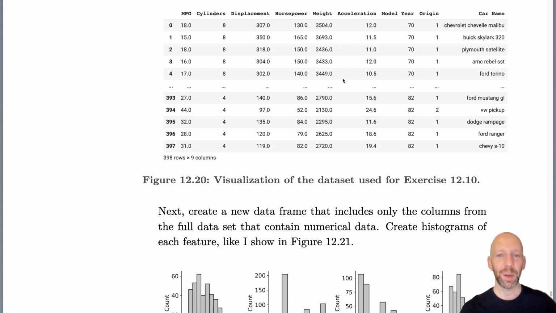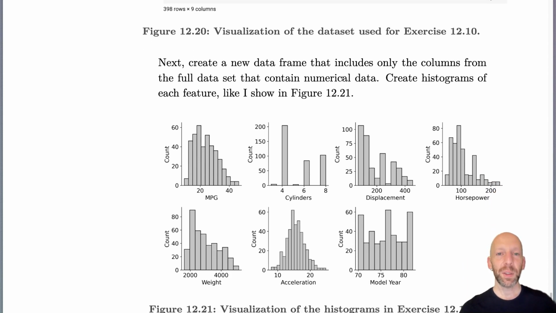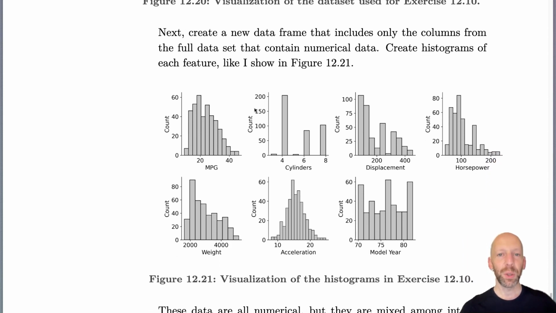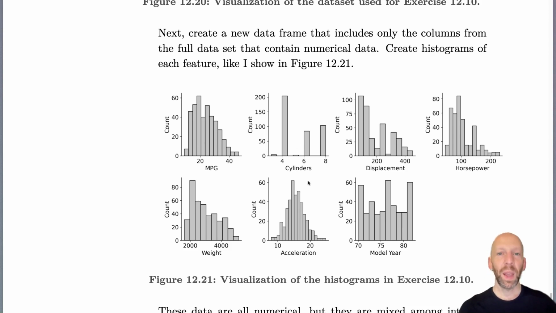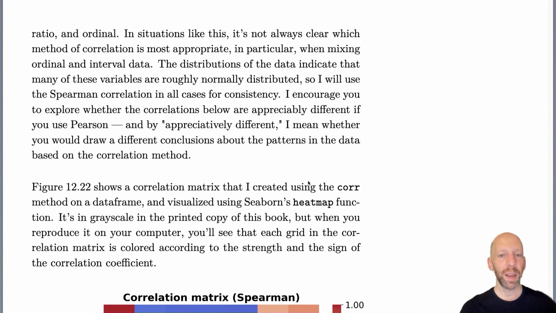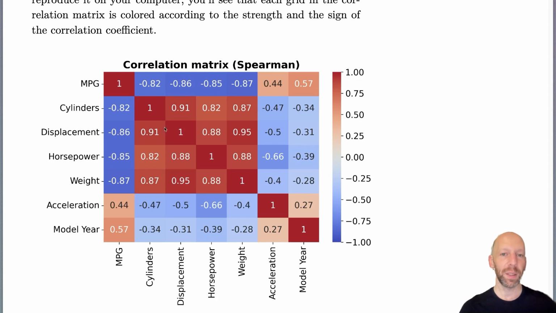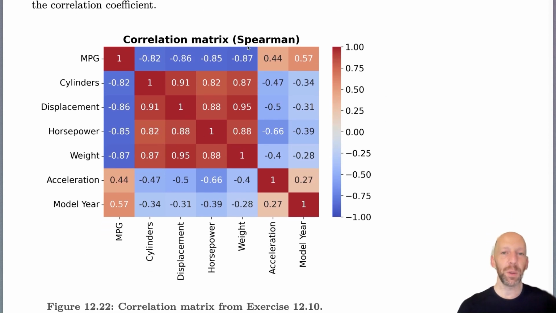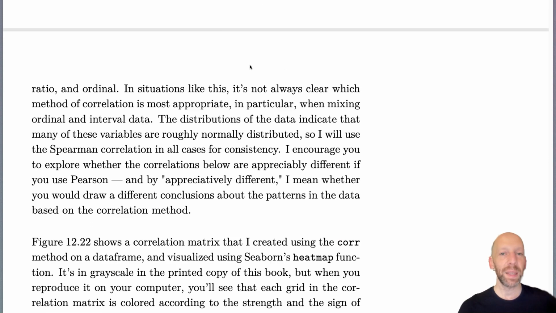Okay, and then after you import the data, you want to create histograms of each feature to produce a figure that looks something like this. So here we see the histograms of miles per gallon, number of cylinders, and so on. And then what you want to do is create a correlation matrix that looks like this. Now, I used a Spearman correlation here because the data are of mixed type.